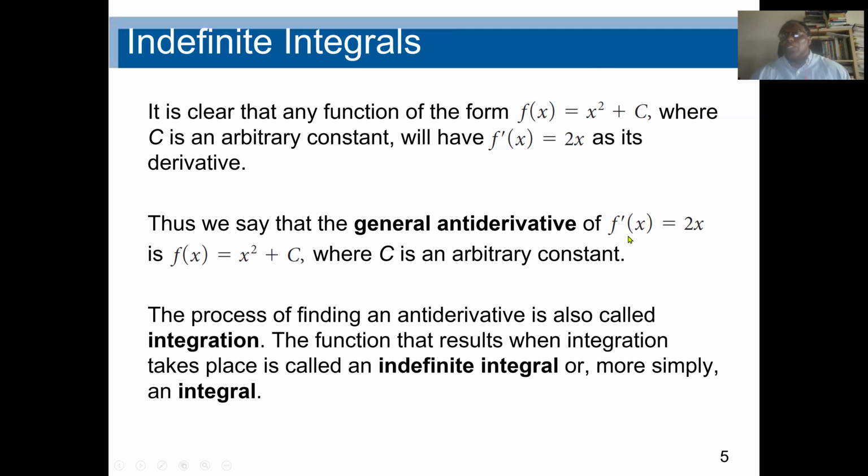So if the derivative of a function is given to me to be 2x, the original function should be x squared plus c, and c can be any constant value. Thus we say that the general antiderivative of f prime of x equal to 2x is f of x equal to x squared plus c, where c again is any constant value.